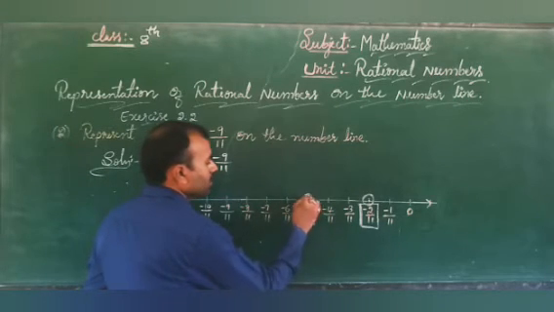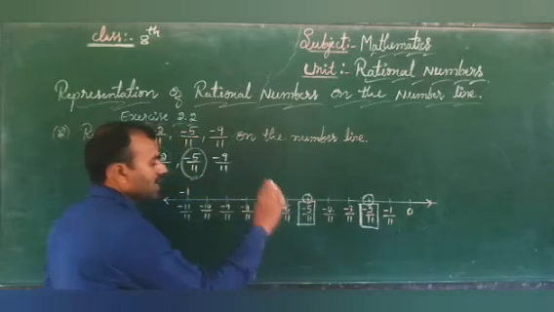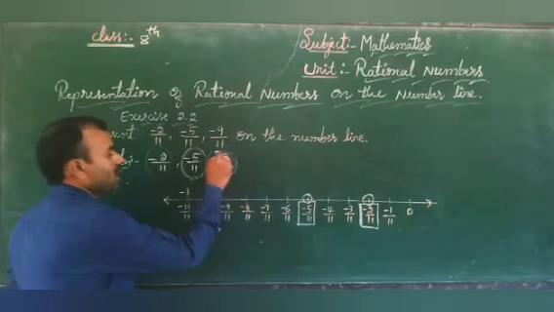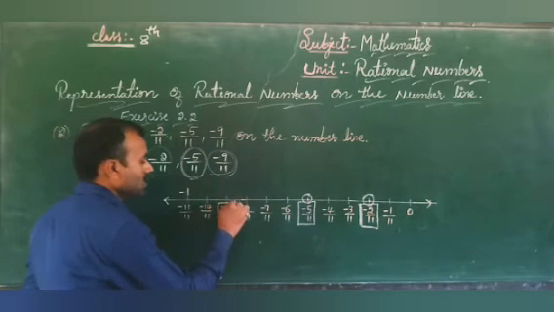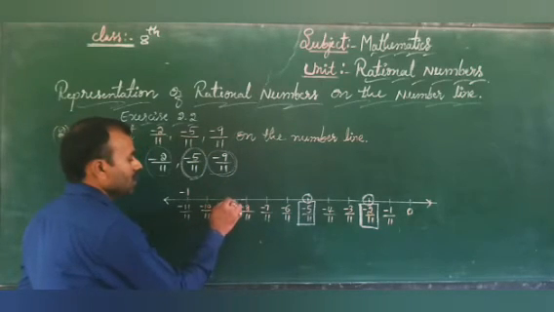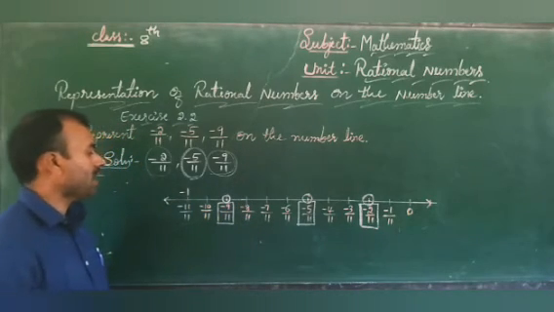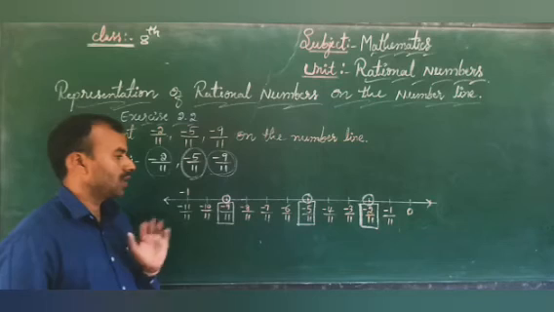This point indicates minus 5 by 11. Next, minus 9 by 11. This point indicates minus 9 by 11.